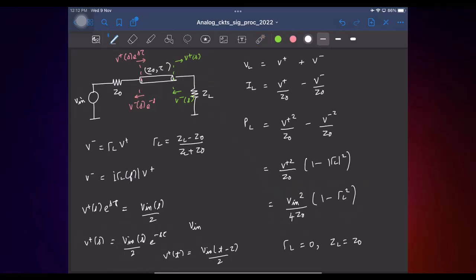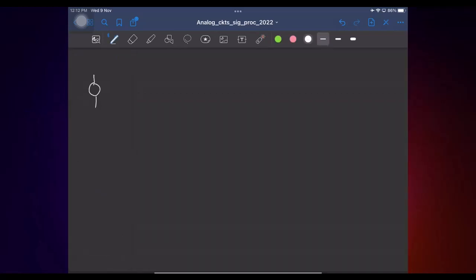So have you seen something similar in some other scenario? Yes. This is basically the maximum power transfer, right? So let's say you have a lumped network, say this is V, and say this is some RS, and say RL, right?